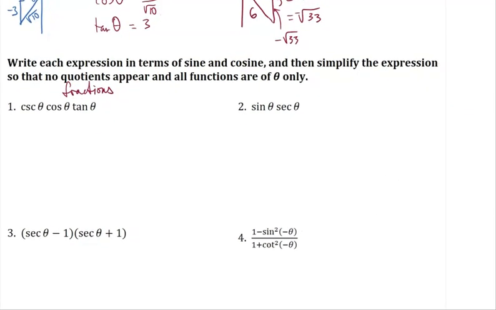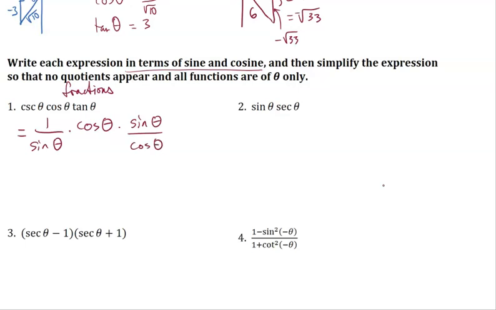Okay. So we have cosecant times cosine times tangent. Again, we're going to start by writing in terms of sine and cosine based on the identities that we know. So this is equivalent to 1 over sine of theta times cosine of theta times, and tangent is sine theta over cosine theta. Okay.